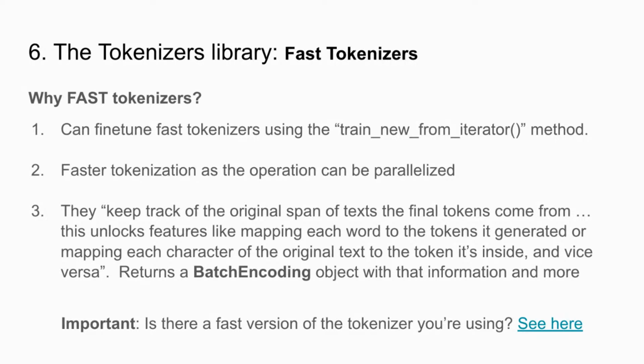When you're building an architecture, by and large, there's a fast tokenizer version of the tokenizer that you want to use. When you call auto tokenizer, if a fast version exists, that's what you're going to get. As a recommendation, try to stick with fast tokenizers. We'll look at some reasons why they definitely make tasks like token classification, pre-processing and post-processing much easier.